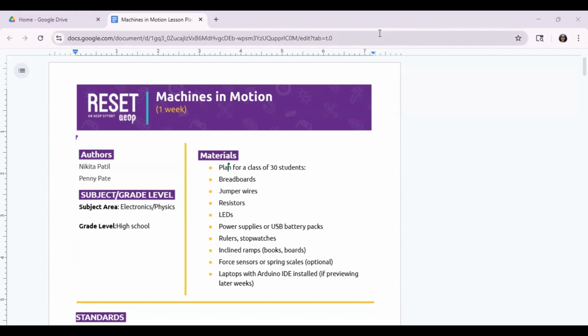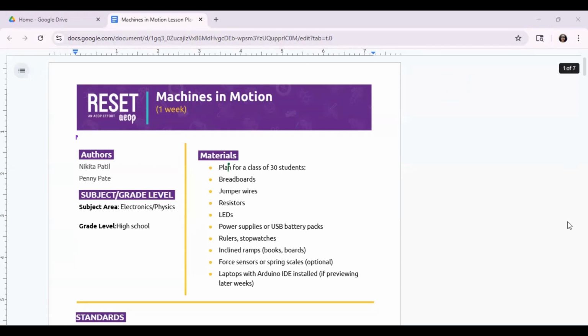We made the lesson plan for Machines in Motion that combines robotics and electronics. I had an opportunity to do research with Hayden Hanna this summer in ERDEC, where they work on materials with the help of robots.